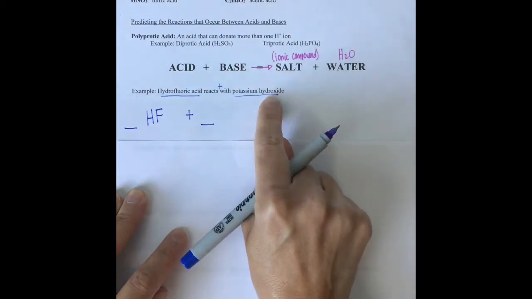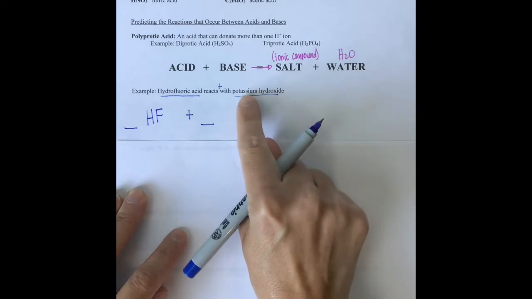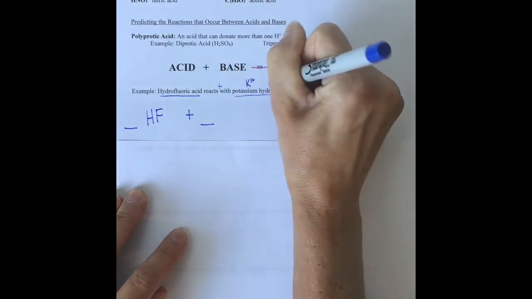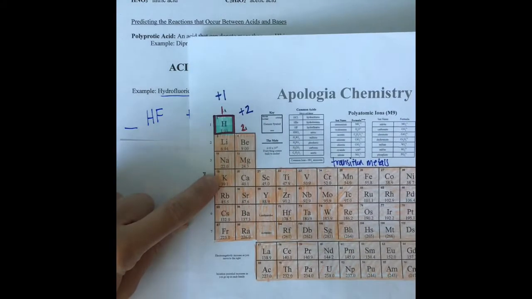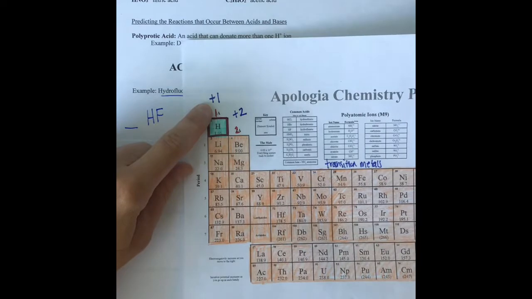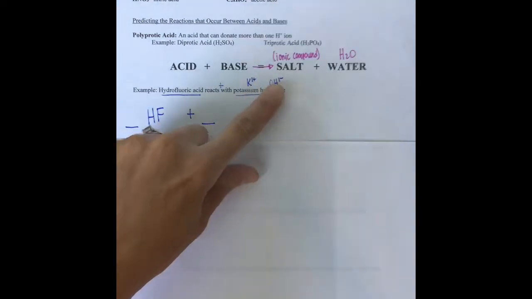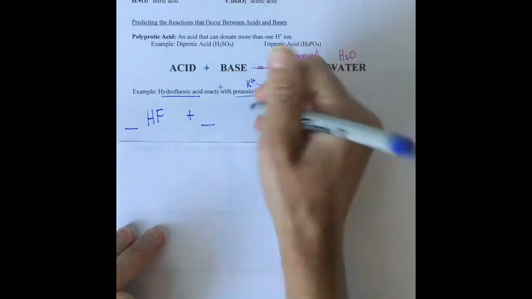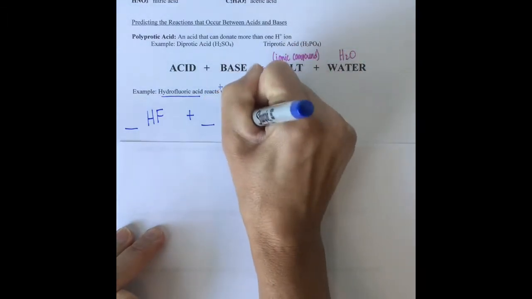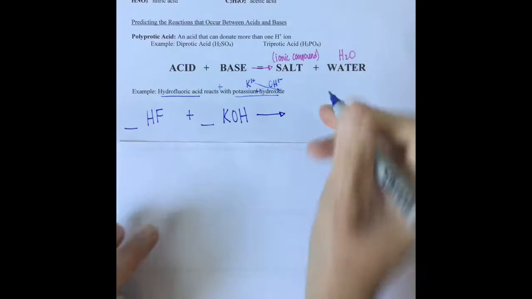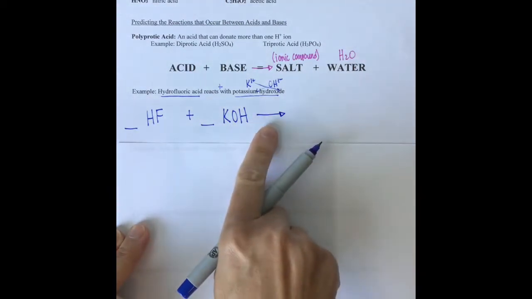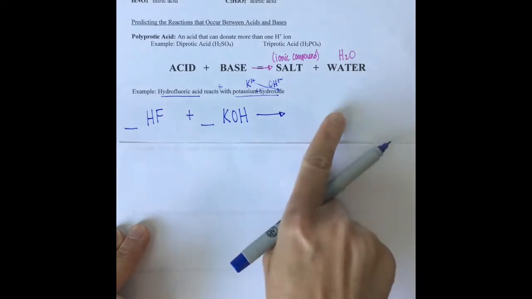potassium hydroxide. Now, before you just throw potassium and hydroxide together, please be careful to check the charges. Potassium is in the first column. It likes to be a +1, hydroxide a -1. So when you cross and reduce, you end up with KOH. All right, so acid and base makes a salt and water.